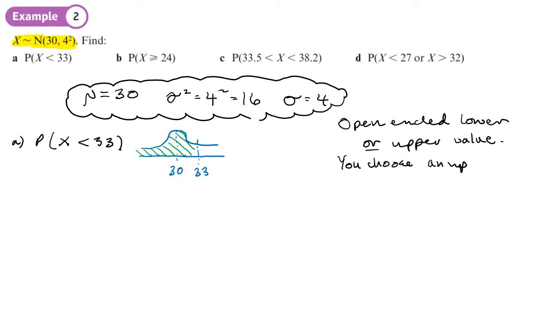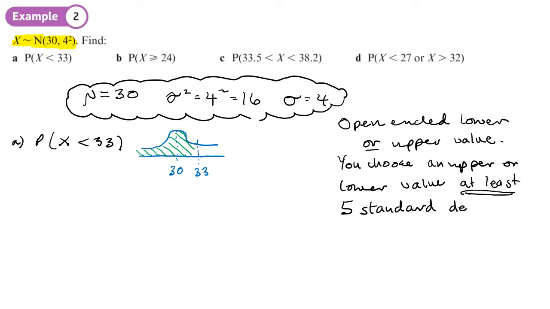You choose an upper or lower value at least 5 standard deviations above or below the upper value.